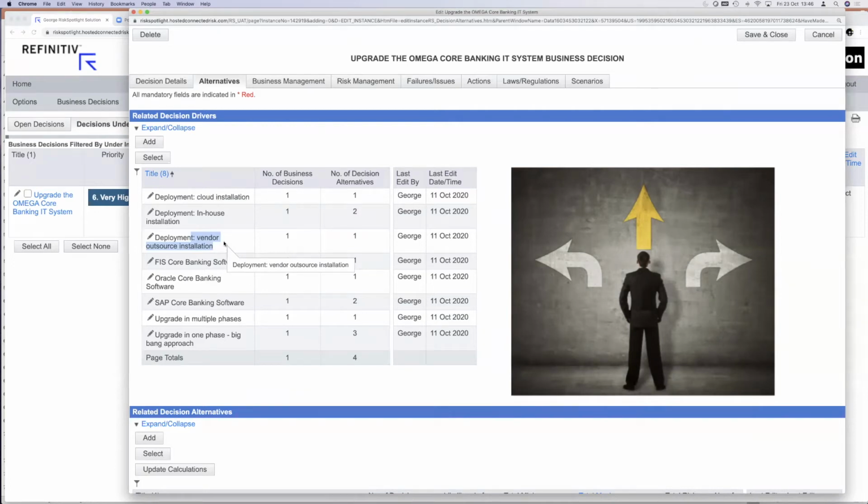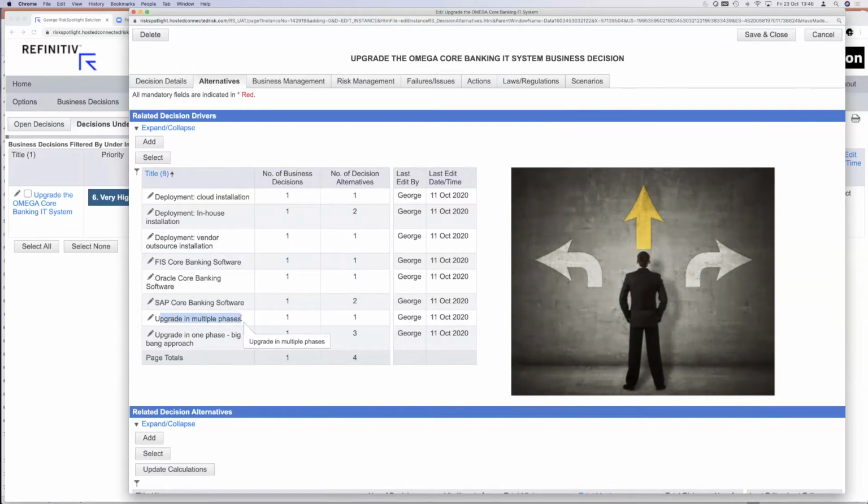And then we don't care whether they have it in-house or on the cloud. We just pay them a fixed fee, and then they will just run the core banking system. Then I have a choice of which vendor do I go to? Do I go and upgrade to the FIS system, the Oracle system, or SAP system? And in this example, the bank is using the SAP core banking system at the moment. And then do we do the upgrade in multiple phases?